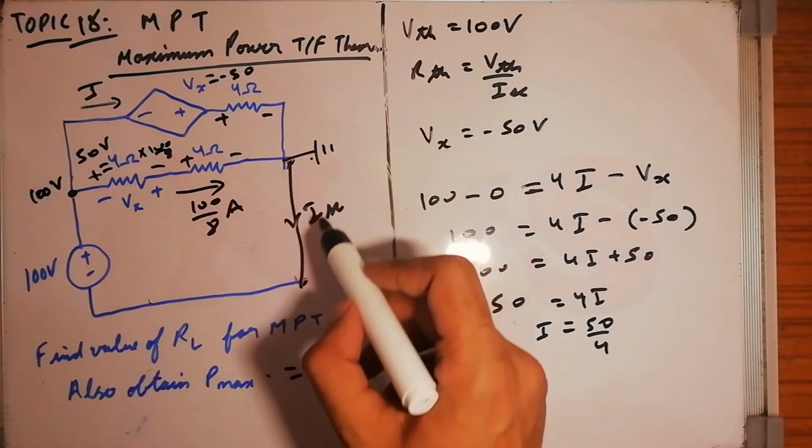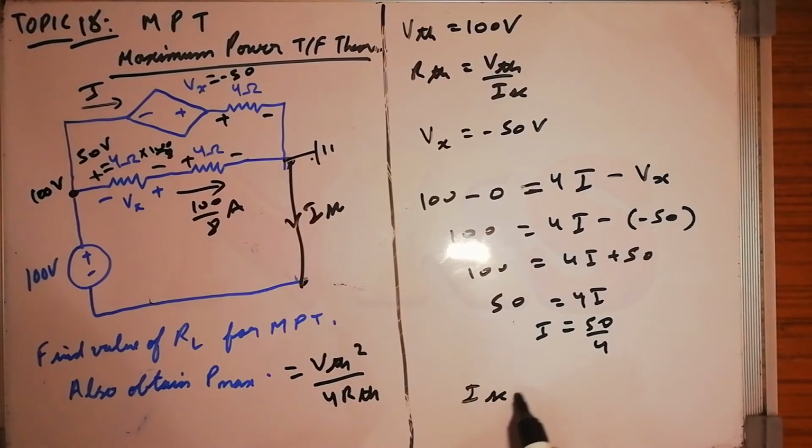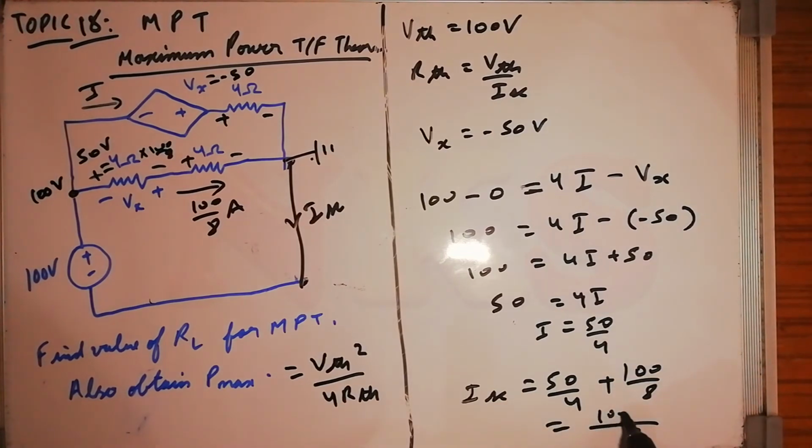And so the current ISC will be equal to this 50 by 4 plus this 100 by 8. So 100 plus 100, that is 200 by 8, that will be equal to 25 amps.